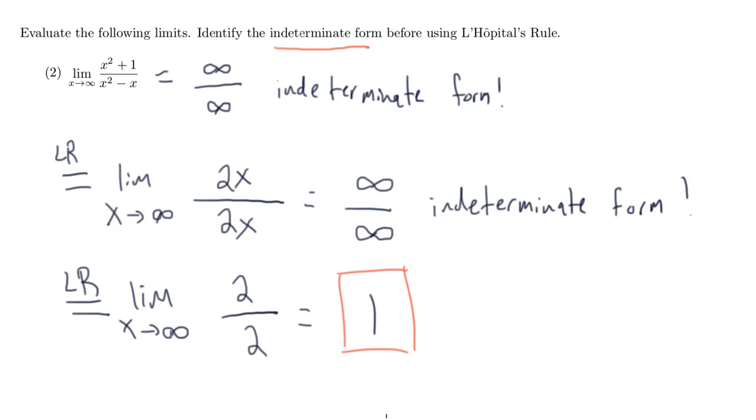Where you get into trouble is you look at the limit you're trying to take and you say, oh, it looks like I can just apply L'Hopital's rule 6 times and I'll have something simple. But the problem is you may, within those 6 times of taking the derivative, have something that's not an indeterminate form. And that's when you want to stop. You want to stop once you don't have an indeterminate form, because once you don't have an indeterminate form, you're able to determine the limit.